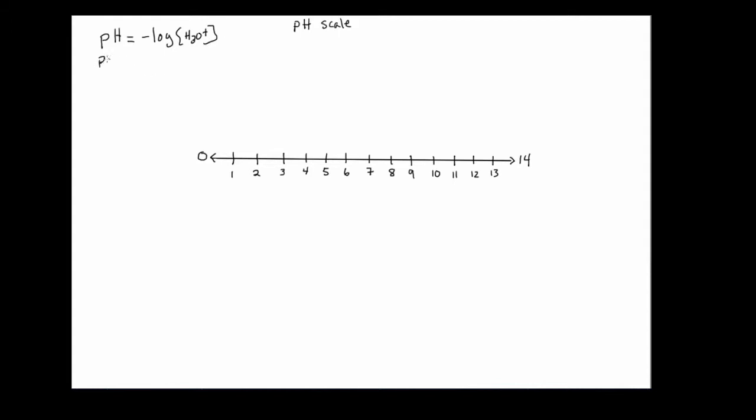Remember that pOH is equal to minus the log of the concentration of OH minus. These two concepts are linked by the equation that says 14 is equal to the pH plus pOH. And I'm going to address again why this relationship is true in a few minutes.